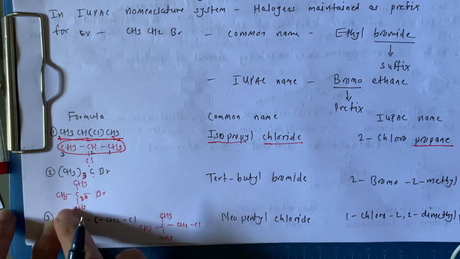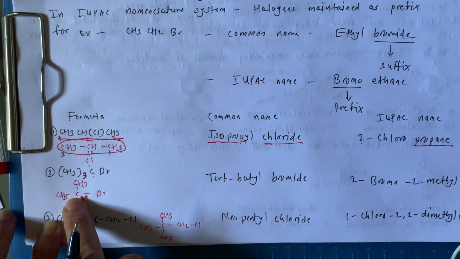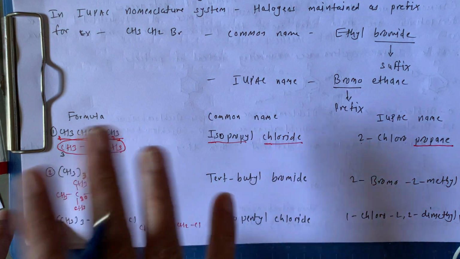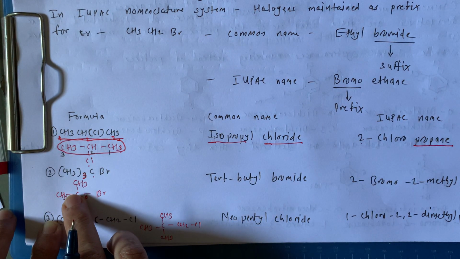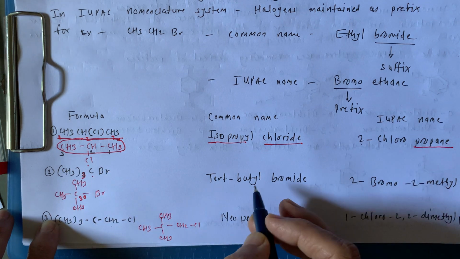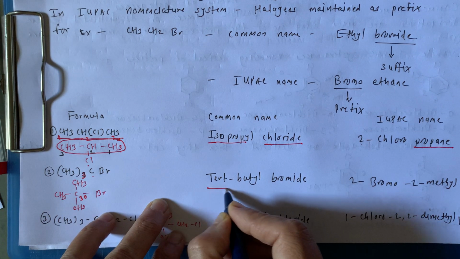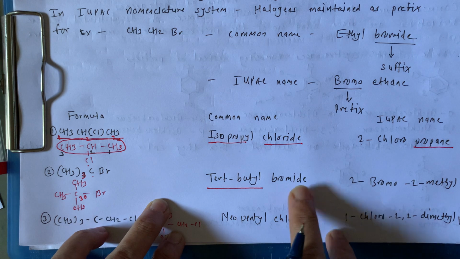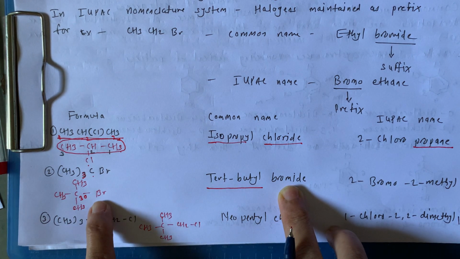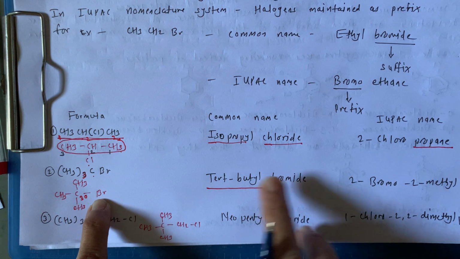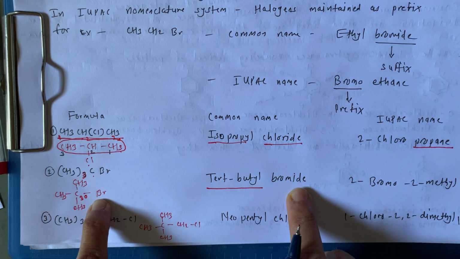Total 4: 1, 2, 3, and this is the 4th one. So these are the 4 carbons, so this is a butyl group. And which butyl? The tertiary carbon is attached there, so this is known as tert-butyl group, tertiary butyl group. And here as the suffix we have to write the halogen. So here it is our bromine. So we wrote tert-butyl bromide.